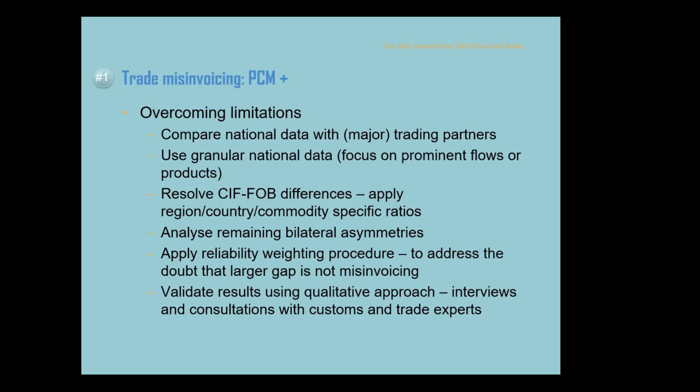The next point is applying a reliability weighting procedure. In some cases where gaps in mirror trade statistics are very substantial, these may raise doubts about whether those are really a result of a trade asymmetry or of illicit financial flows, or maybe a result of an error. There could be an additional zero typed in the data or something.